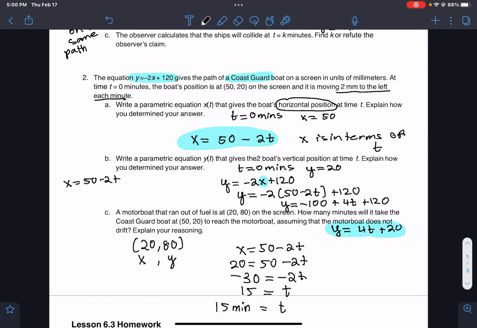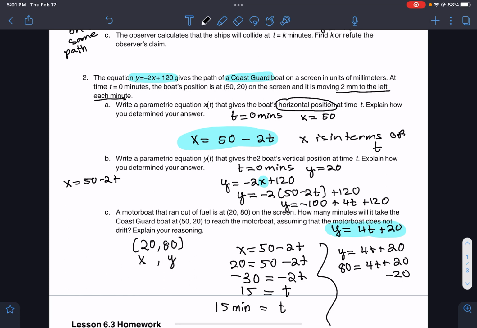How can you double check that we did this correctly? Well, let's take our y, which is 4t plus 20, and substitute 80 for y, and see if we get the same time. Because what we're saying here is that to get to this position, it would take me 15 minutes to go across horizontally 20, and it should also take 15 minutes to go vertically 80, because that whole trip takes 15 minutes to get to that point.